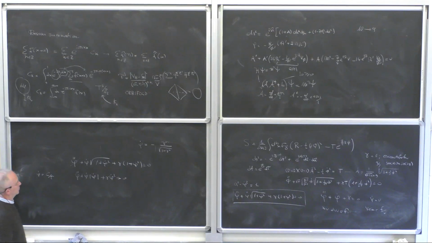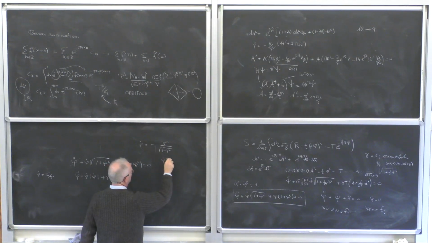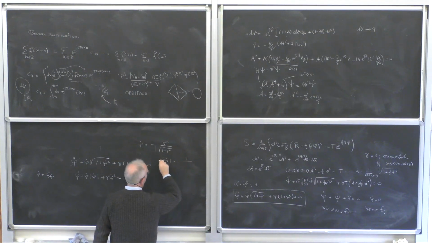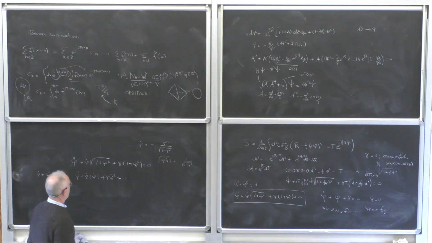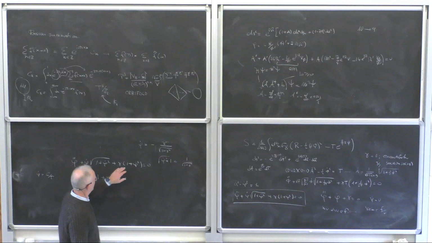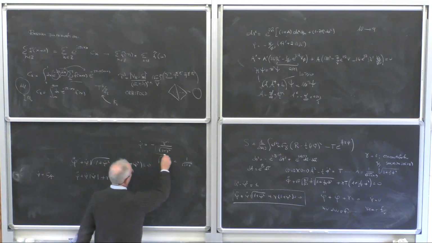You can substitute because if this is phi dot, 1 plus phi dot squared is 1 over this thing over 1 minus gamma squared, so without square root. But you see that this thing solves the equation, but it only exists when gamma is smaller than 1.